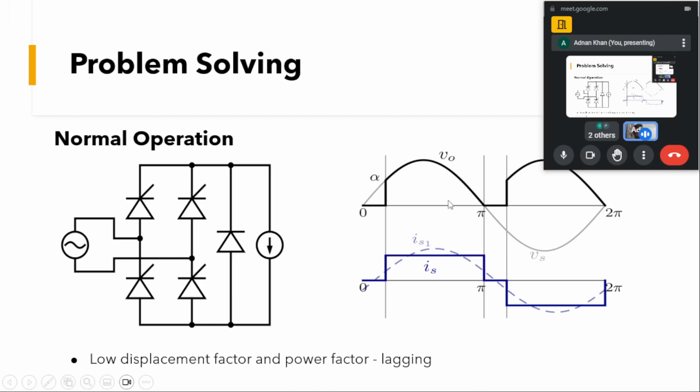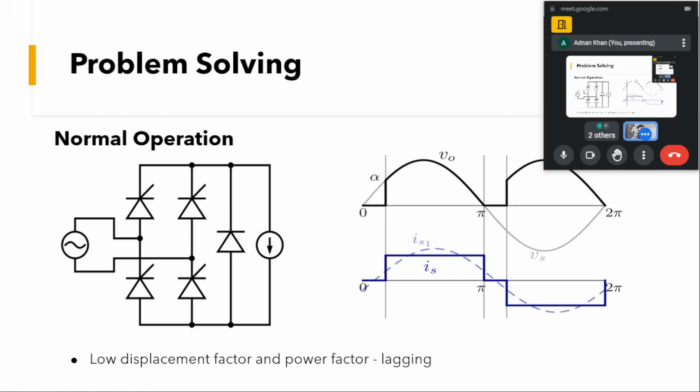And as our source current starts from 0, the fundamental of the source current will lag the fundamental of the voltage by some angle, alpha by 2. And the larger our alpha is, the larger the displacement angle between the fundamental of the voltage and the fundamental of the source current.